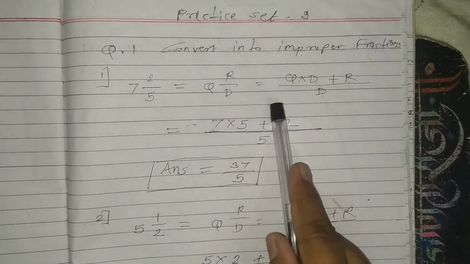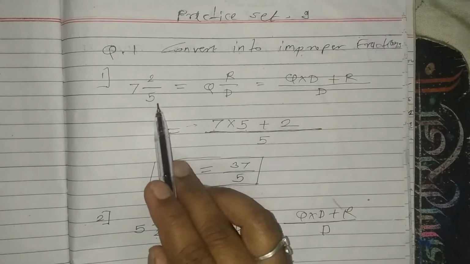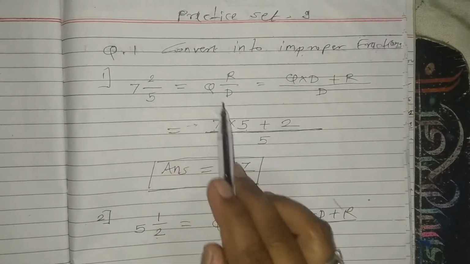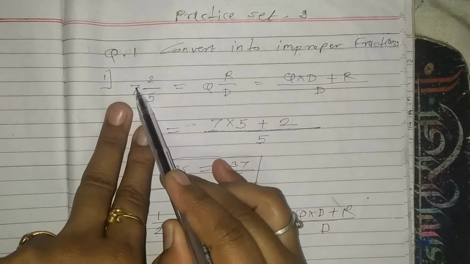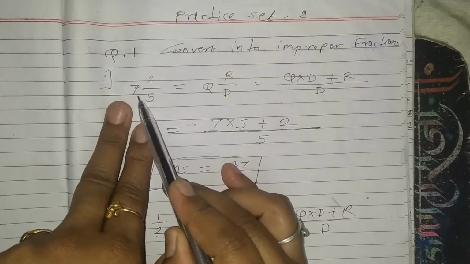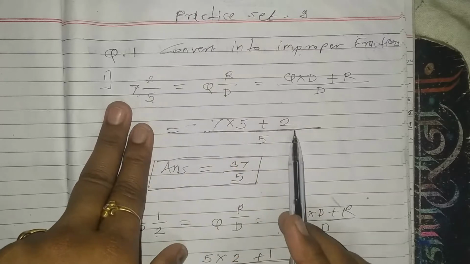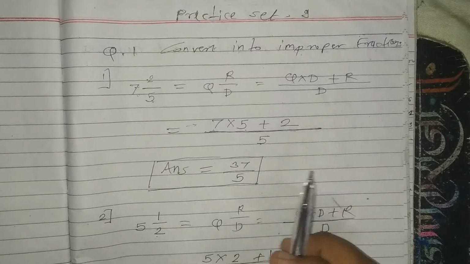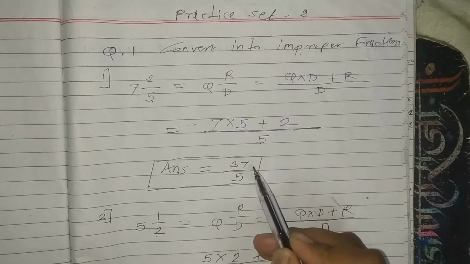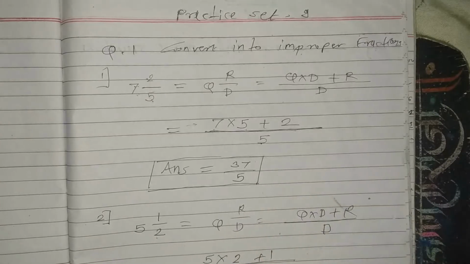The denominator downside we wrote as it is, then we multiplied the whole number and the denominator, added the upside digit, did the regular calculation, and wrote the answer in the box in the form of numerator upon denominator.